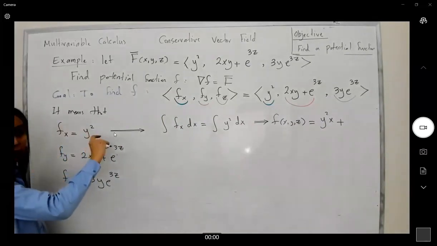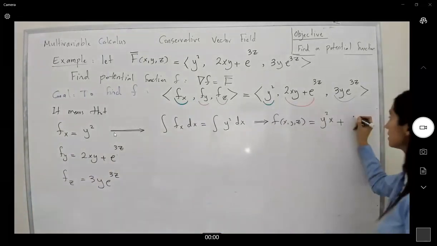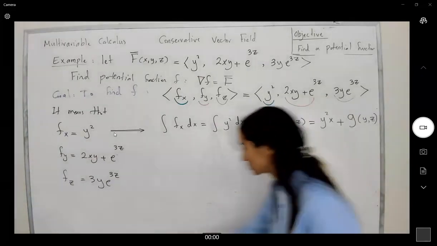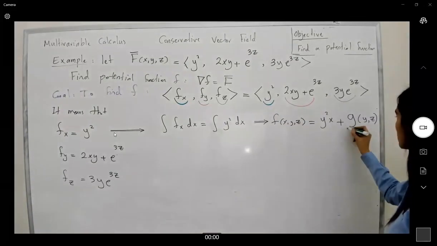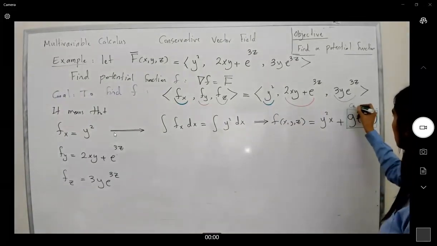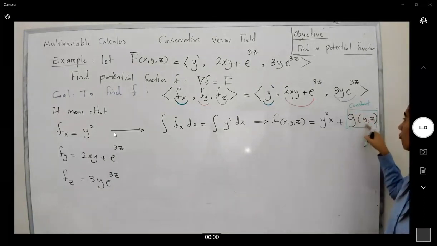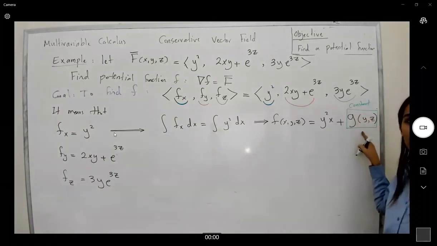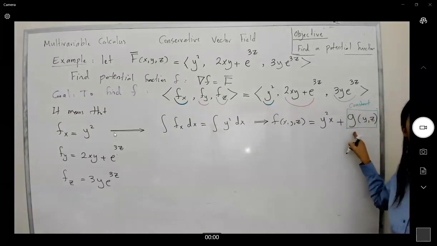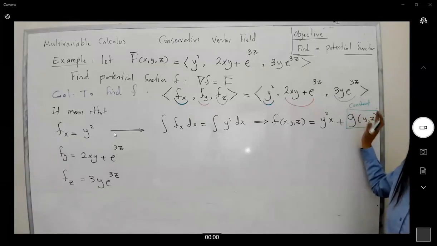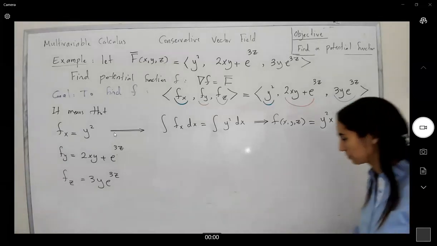If you take the integral, the constant is a function in y and z. This is the important part. This is your constant. Constant is a function in y and z. If you take the derivative with respect to x, this doesn't have any x in it. So the derivative is just 0. You didn't do anything. Perfect.